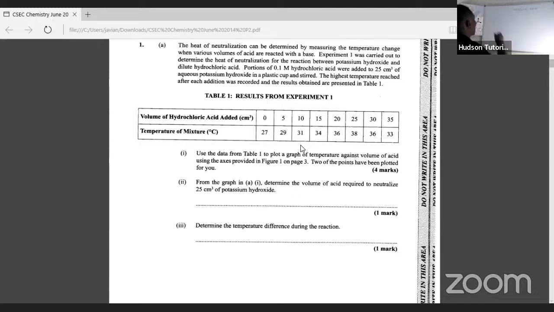Now, what I'm going to do is mimic the graph. That is to say, I'm not necessarily going to draw the graph accurately, but more so a rough estimate, so you can get an idea of what you should have. All right, so let me just write this down quickly. Volume of HCl: 0, 5, 10, 15, 20, 25.